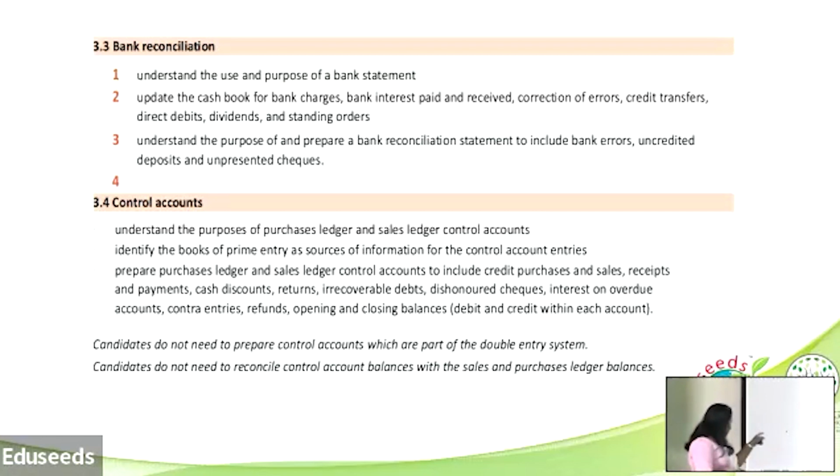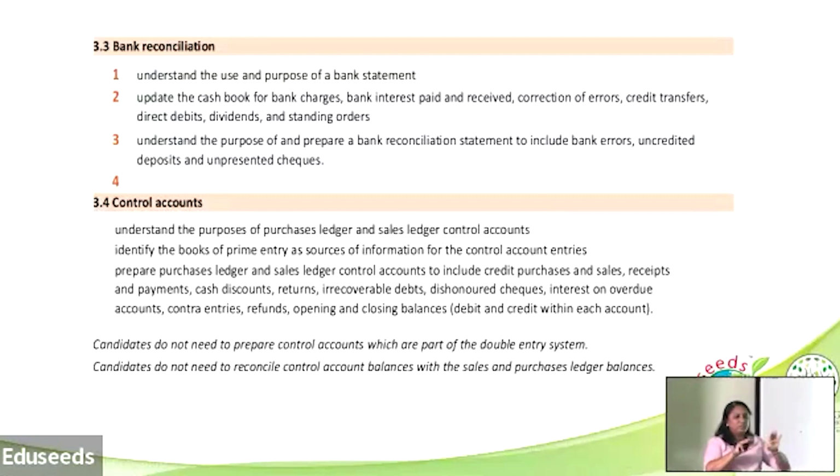When you're preparing these control accounts, you need to know about cash discounts, irrecoverable debts, dishonoured cheques, interest on overdue accounts, contra entries, refunds like purchase returns and sales returns. All this needs to be taken into account for you to prepare your control accounts.